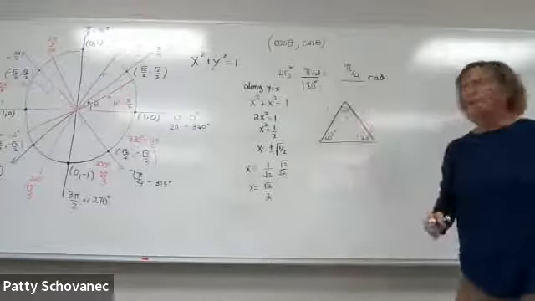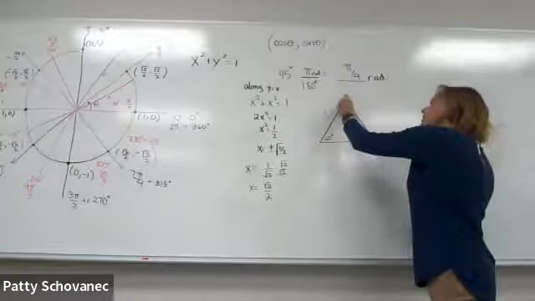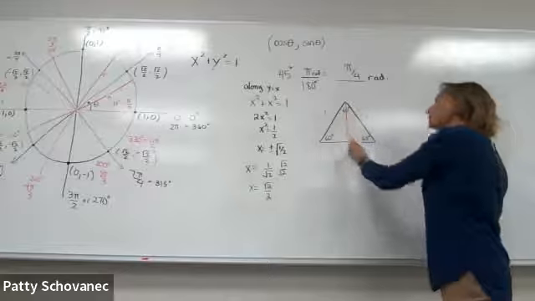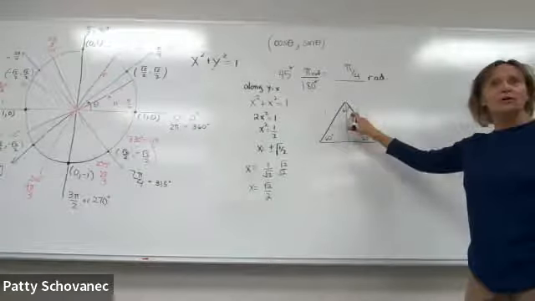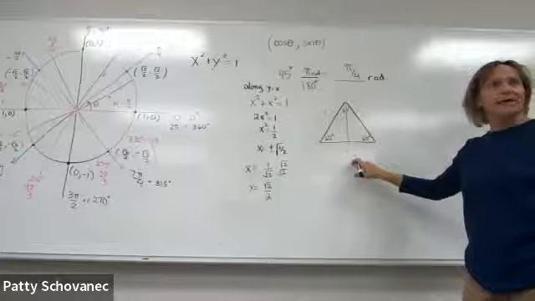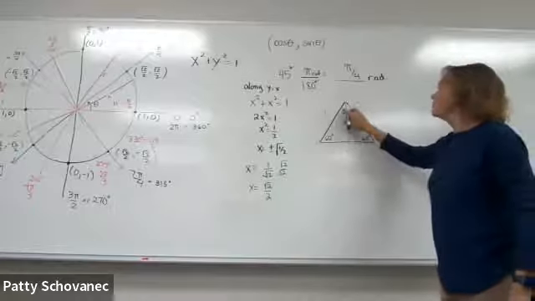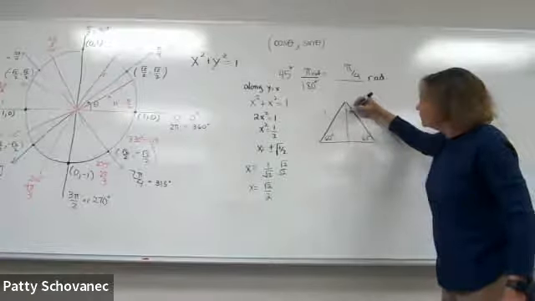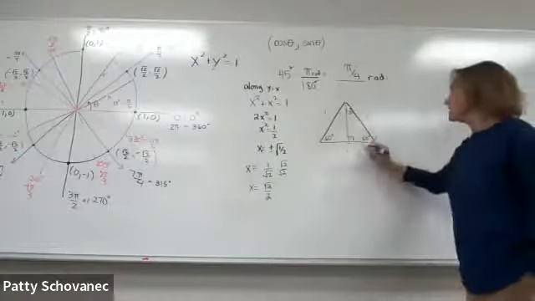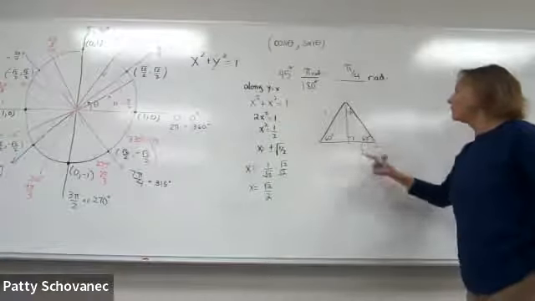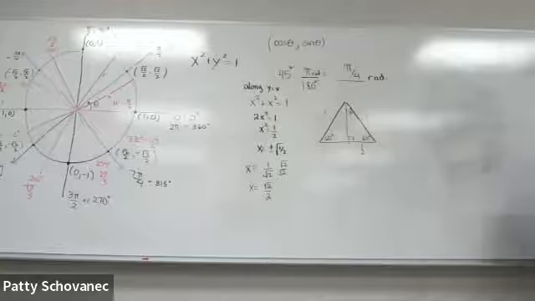unit circle. If I drop the perpendicular segment down from here in an equilateral triangle, the altitude bisects the vertex angle and it bisects the opposite side. So now I have a 30-degree angle here, a 90-degree angle there. And this length is now 1/2, and we can figure out that length.